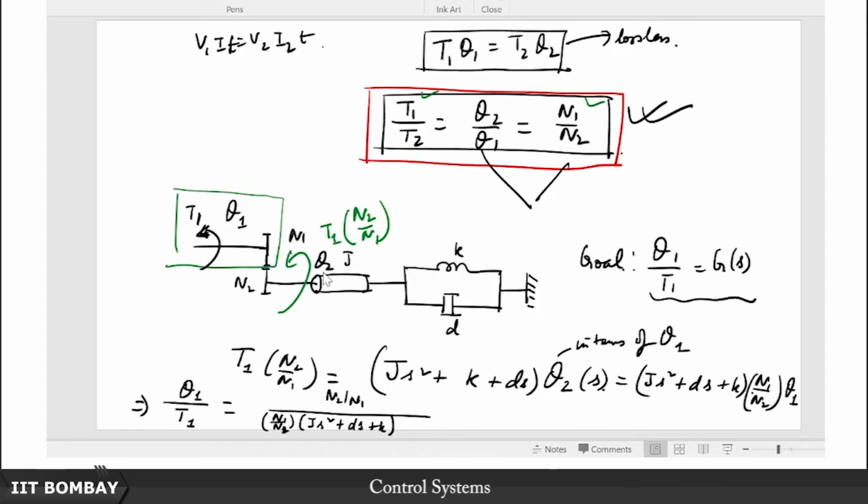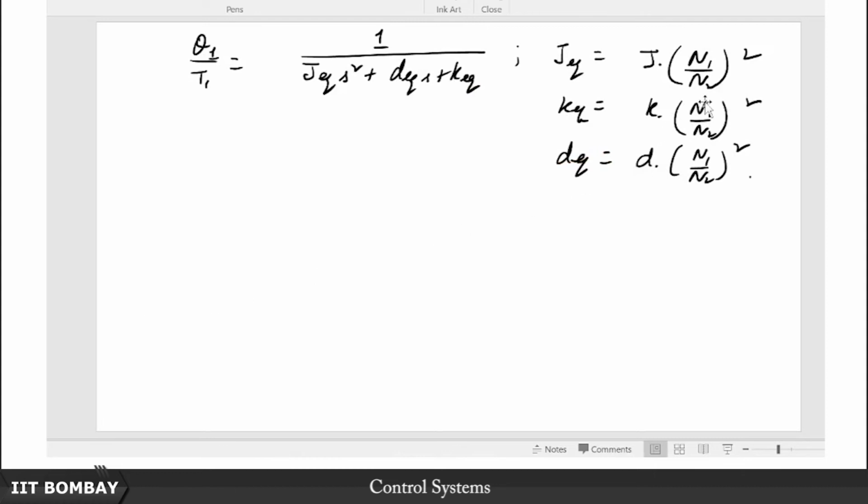Look at this. If this is my source side and I want to reflect it on this side, which is my destination side, then I am just multiplying by the gear ratio squared, where the gear ratio is defined by the number of turns on the destination side divided by the number of turns on the source side.